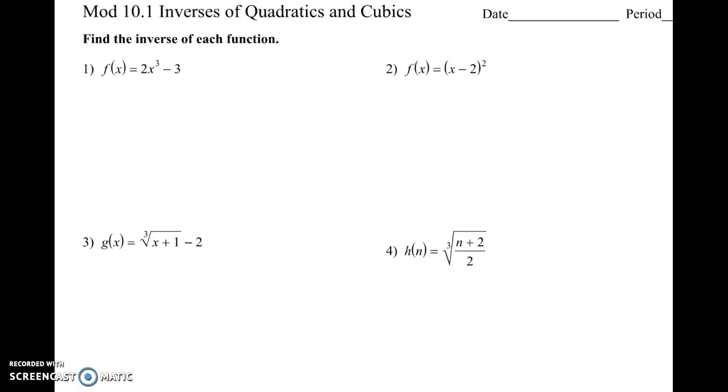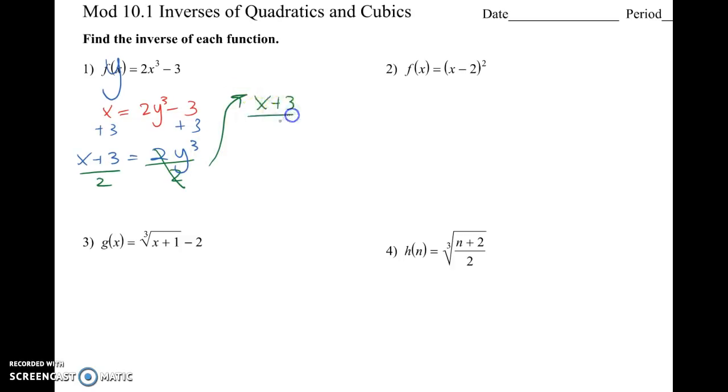So now we are going to do some examples. This first one says find the inverse function. So again, remember this is just y. If I'm doing the inverse function, I just switch my x and y, and then I solve for y. So I'm going to add 3 to both sides and get x plus 3 equals 2y cubed. Divide by 2, and I get (x plus 3) over 2 equals y cubed.